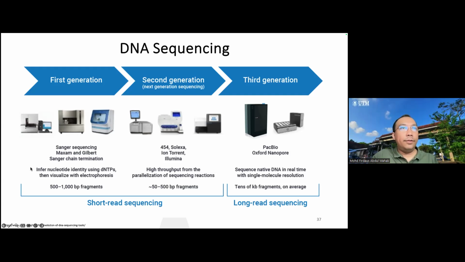Normally for first generation sequencing, we sequence a single gene in a single organism. The fragments generated are about 500 to 1,000 base pairs. So that's why we need two primers to do the first generation sequencing.